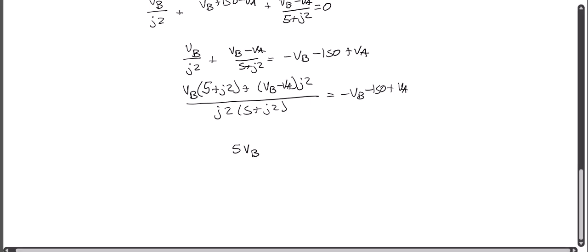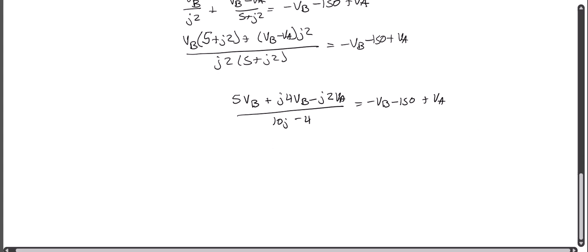And I got 5 VB plus j4 VB minus j2 VA over 10j minus 4 equals minus VB minus 150 plus VA. And then I multiplied both sides by 10j minus 4.